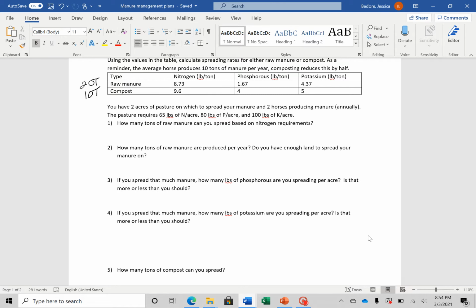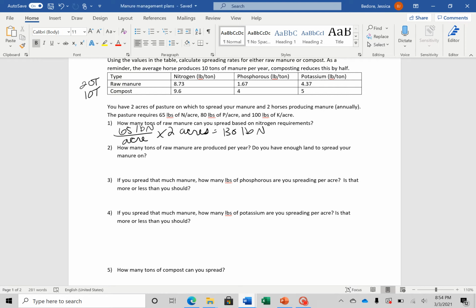So you know that you need 65 pounds of nitrogen per acre, and you have 2 acres. So if we multiply by 2 acres, that gets us 130 pounds of nitrogen.